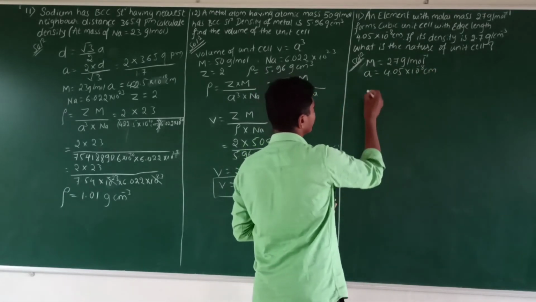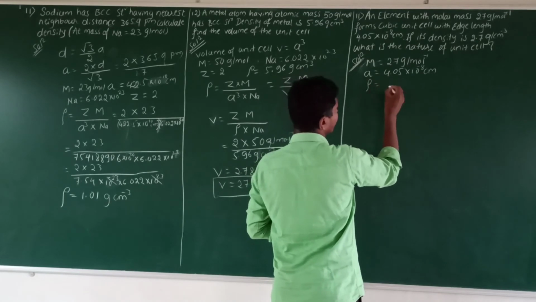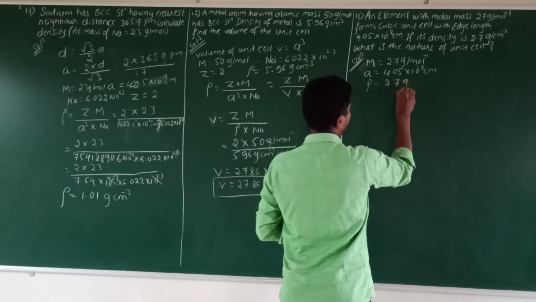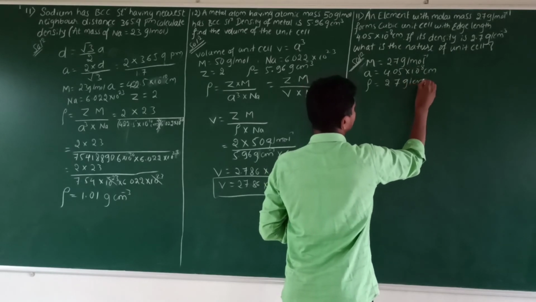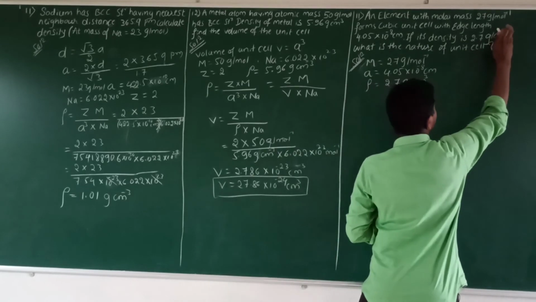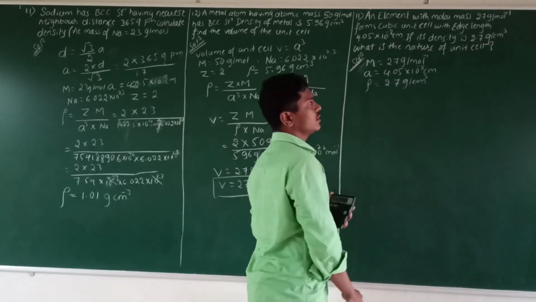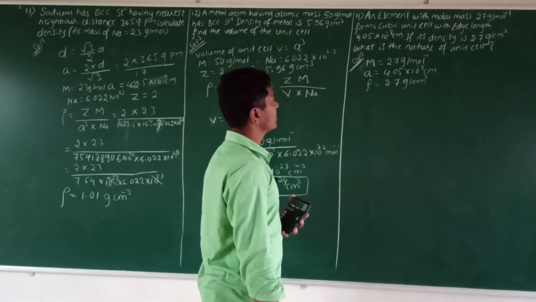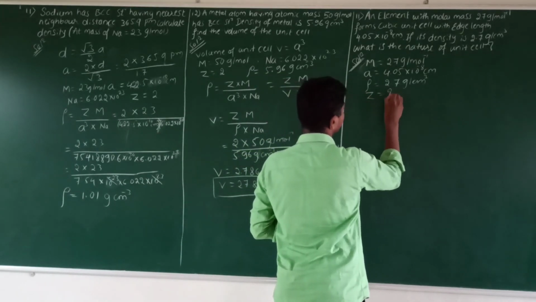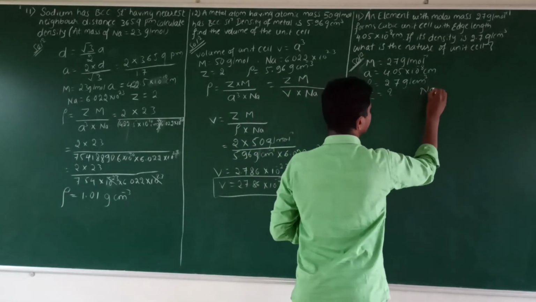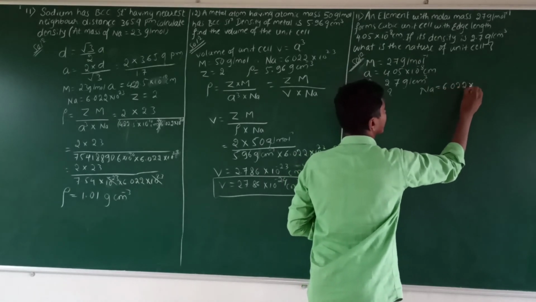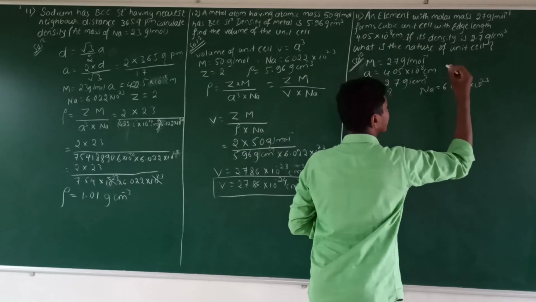And they are also given the density. Density is equal to how much? 2.7 gram per cm cube. Next, what they asked? They asked Z. Avogadro number is, it's understood, 6.022 into 10 to the power 23, isn't it?